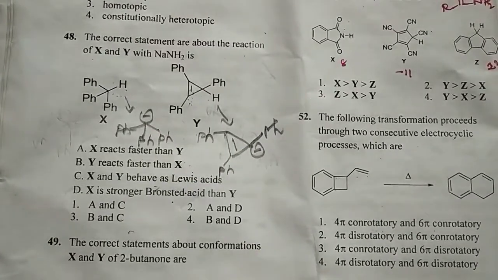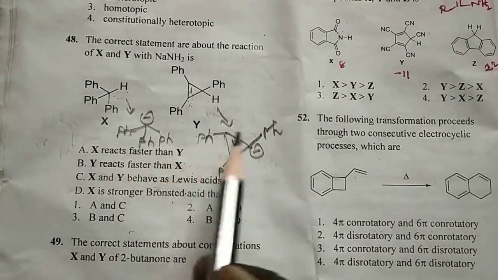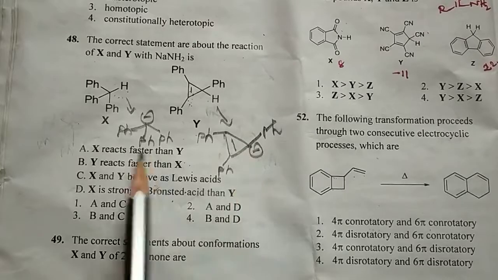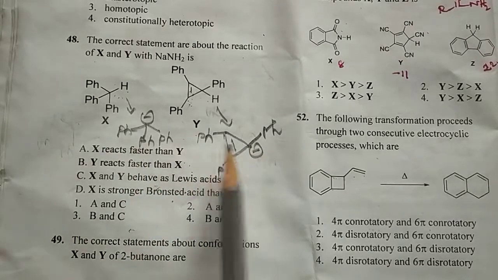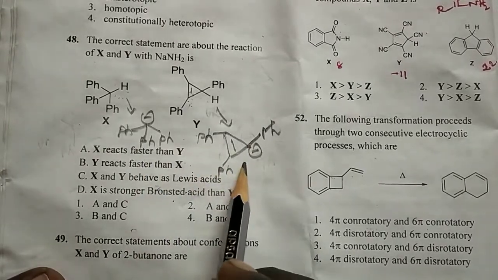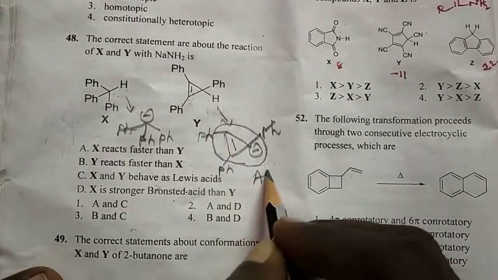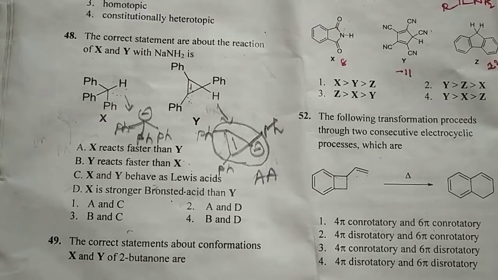I get two anions. Sodamide will remove protons and it will give the conjugate bases, the two anions. If I look at this anion, this is nothing but cyclopropenyl anion. Cyclopropenyl anion is anti-aromatic. We have already seen, anti-aromaticity is a destabilizing phenomenon. So this is the unstable one.